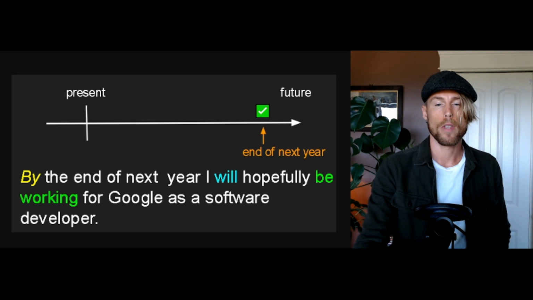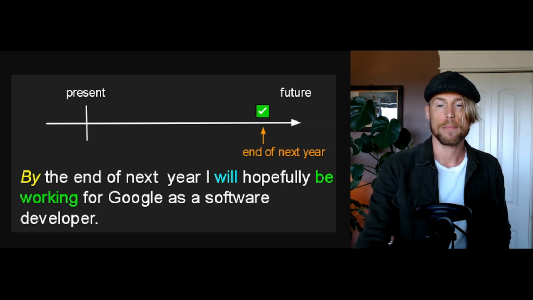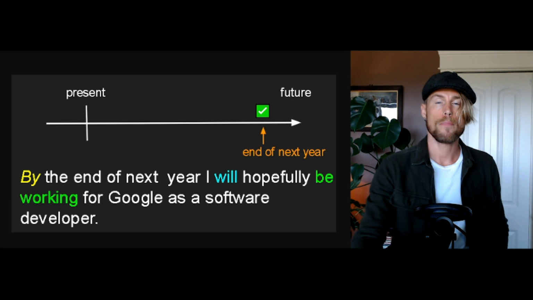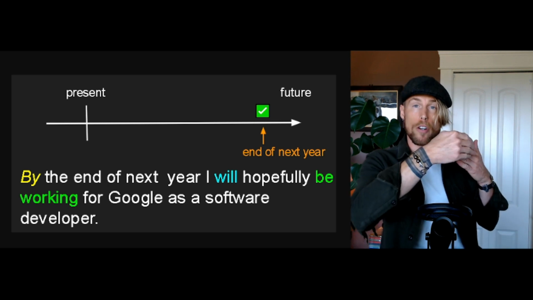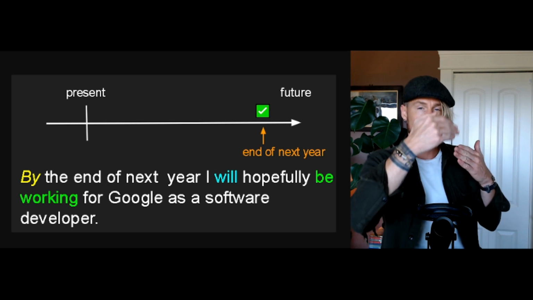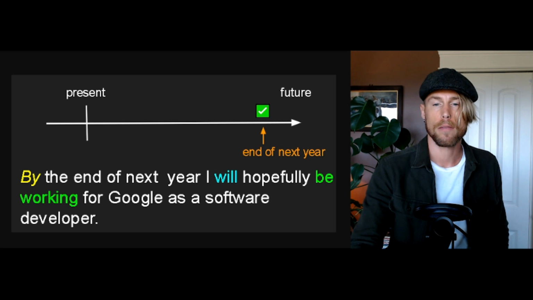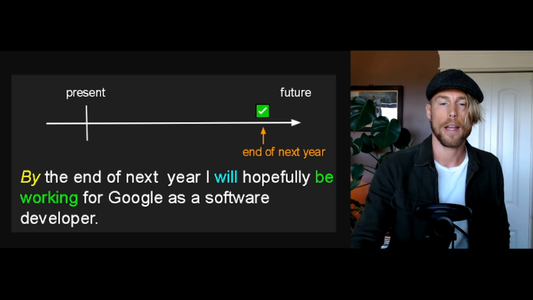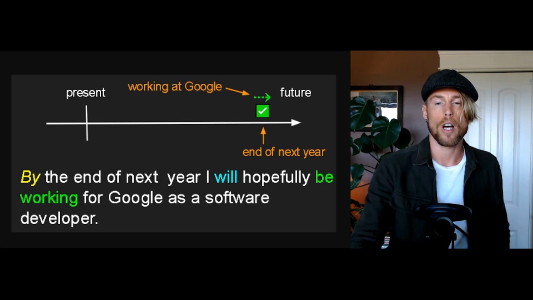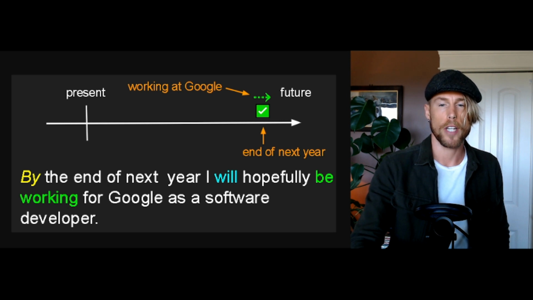Okay, so again, we have the end of next year. By the end of next year means no later than end of next year. So not 2 years, but only the end of next year is the latest point in time. And what will you be doing by the end of next year? Working as a Google software developer. Okay, makes sense? Hopefully.